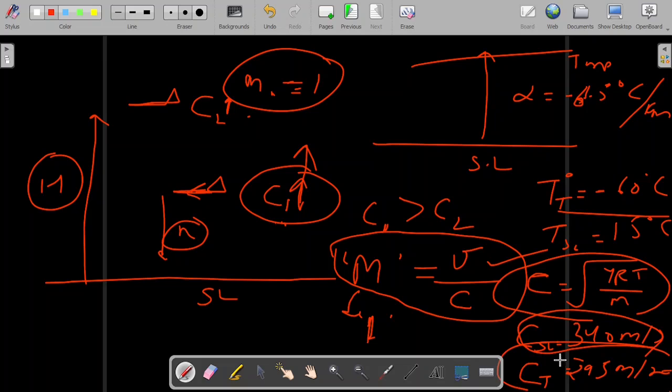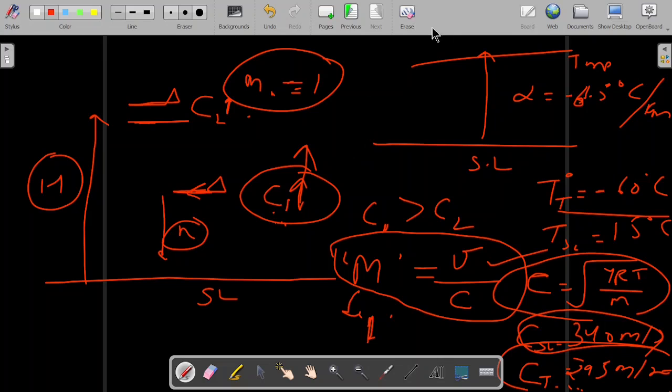So this gives you a clear idea that as we go up, the speed of sound decreases, and it's easier for the aircraft to reach Mach 1 at a faster rate, than if the aircraft is flying lower, near the ground, or in a place where the temperature is higher.